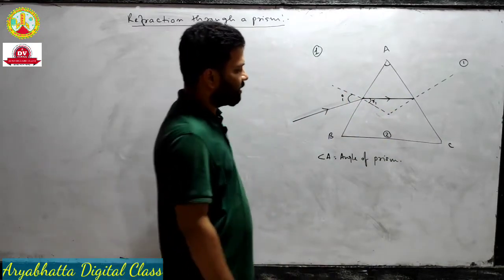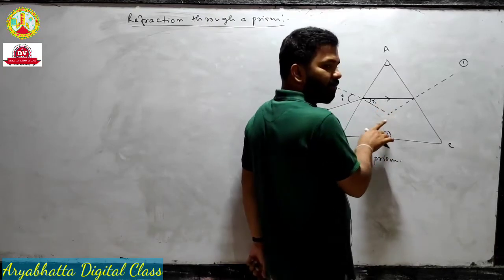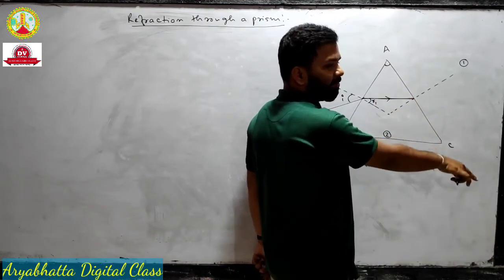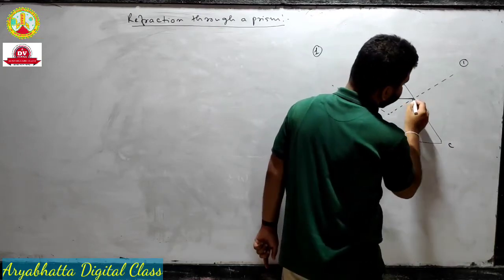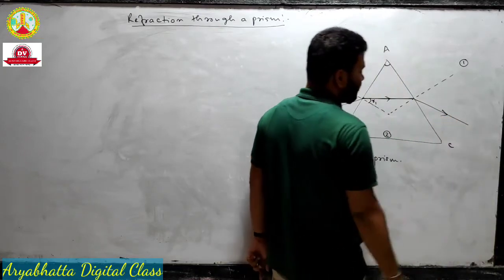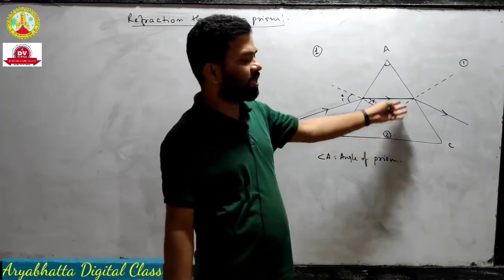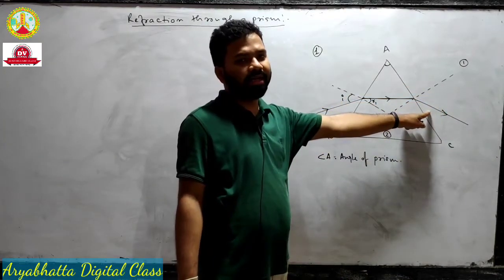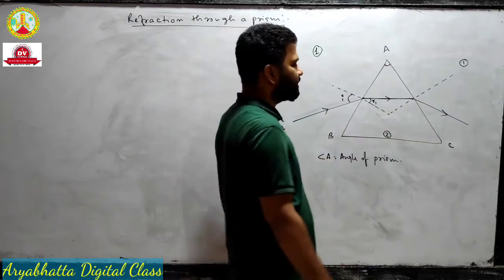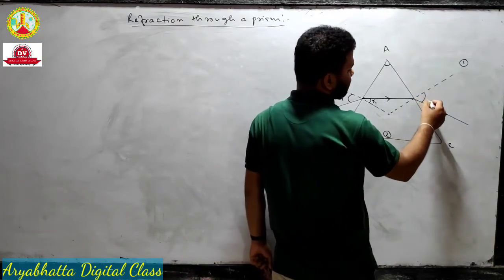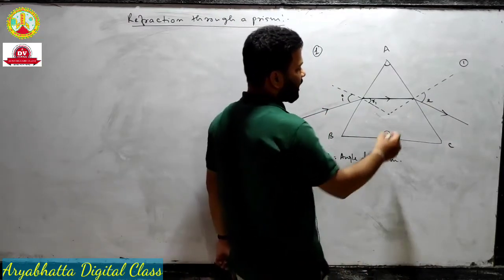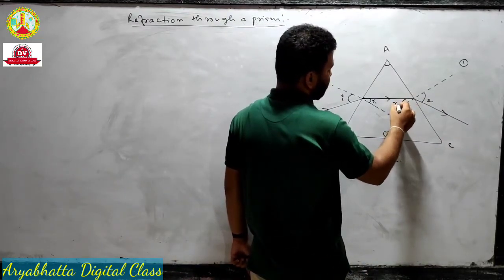When light moves from denser to rarer medium, the light ray will move away from the normal. This is emerging out from the prism, so this light ray is called the emergent ray. This angle is called the angle of emergence, E, and this other angle is R2.